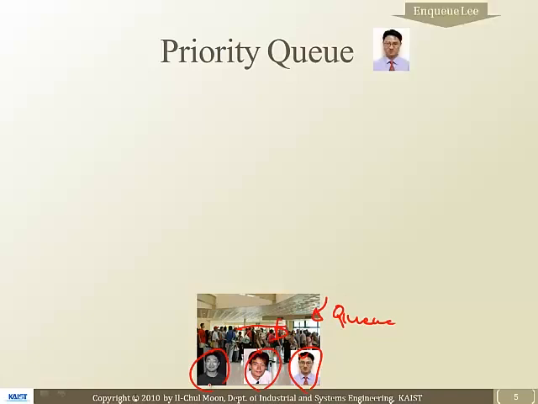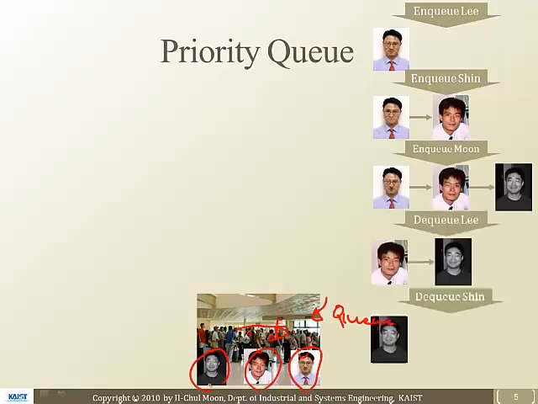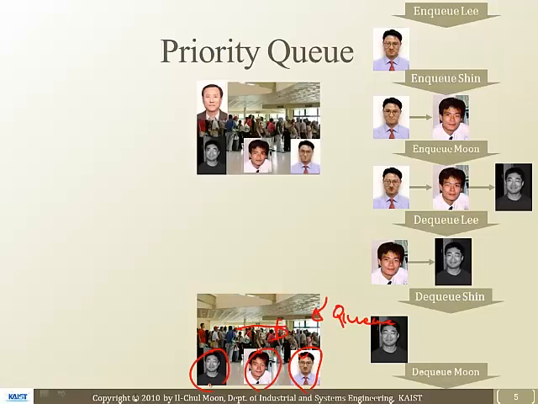So the expected order of arrival is enqueue Ri, enqueue Shin, and enqueue Moon. Then there is a dequeue process, and the queue becomes empty. It's pretty normal, and you can implement this with a linked list and so forth.